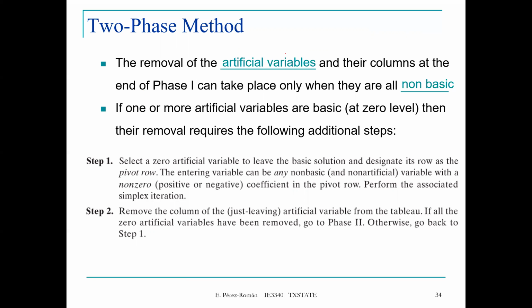The entering variable can be any non-basic and non-artificial variable with a non-zero coefficient in the pivot row. Perform the associated simplex iteration. Step 2: remove the column of the just-leaving artificial variable from the tableau. If all the 0 artificial variables have been removed, go to phase 2, otherwise go back to step 1.